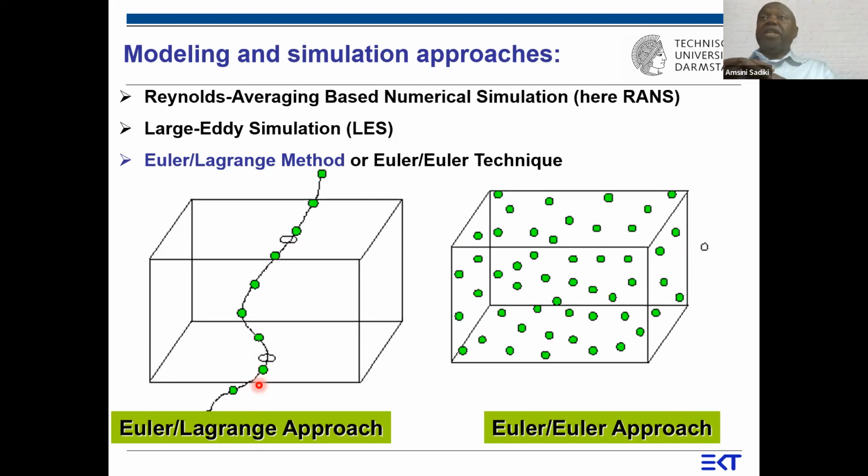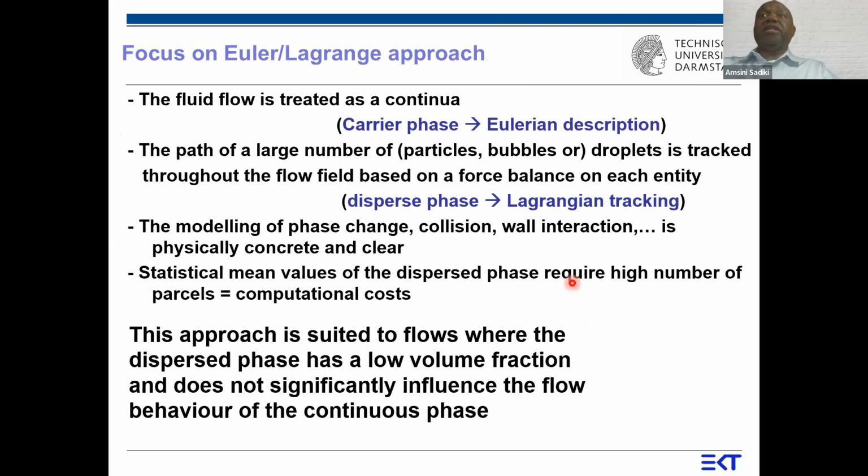And normally, in many applications, we have this assumption which allows us to account only for the drag force and for the gravitation force. And here the Eulerian, as we have learned, we consider the two phases as continuous phases, and they interact, and the modeling effort here is very high, as I try to point out.